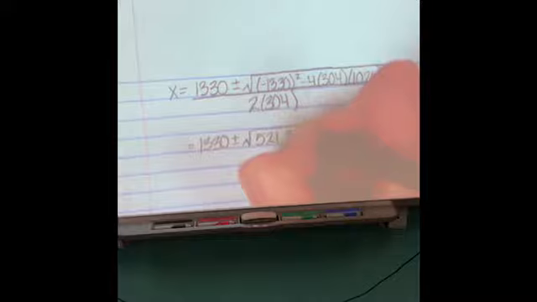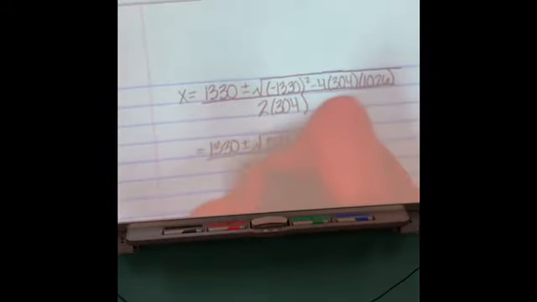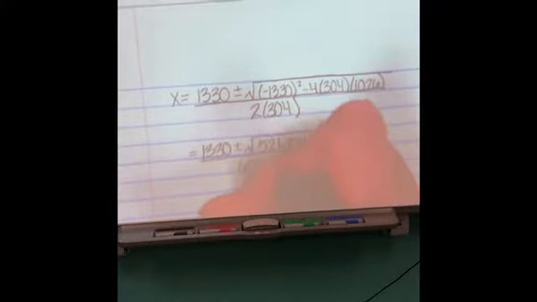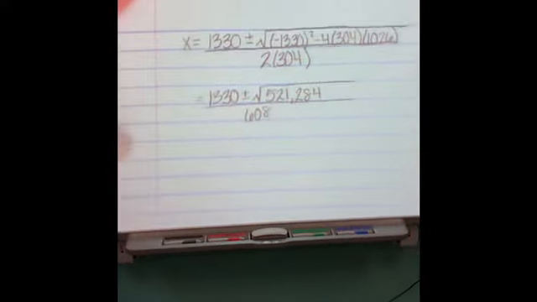Okay, so when I put what's underneath the square root in the calculator, I end up with, oh really? Okay, and then I can simplify this a little bit further.